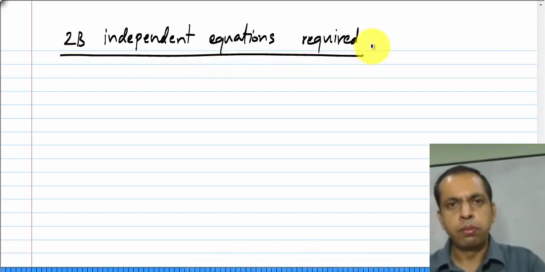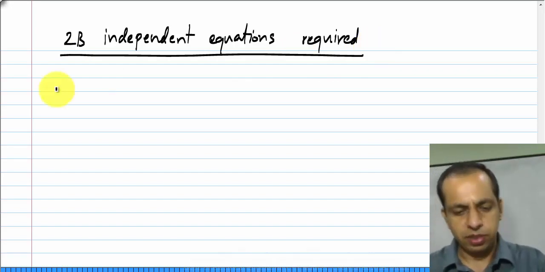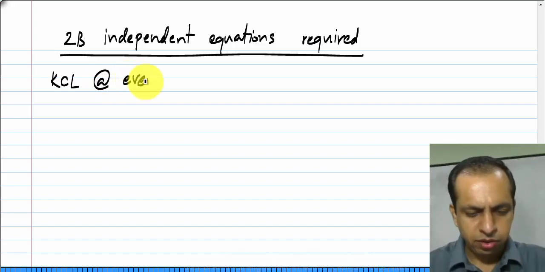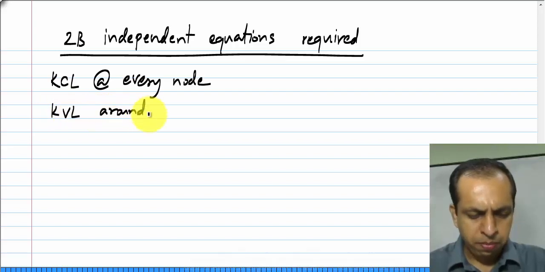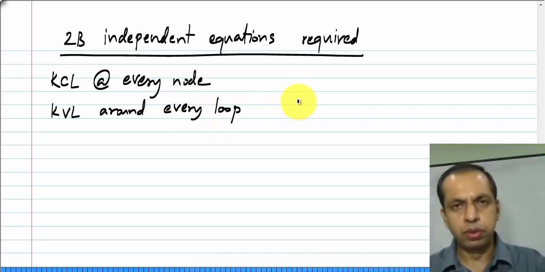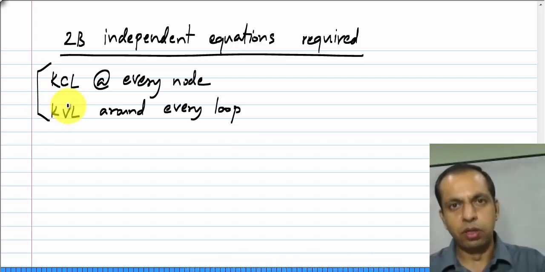How do we get these equations? What are the principles we use to solve our circuit? We have Kirchhoff's current law at every node and Kirchhoff's voltage law around every loop, and these are of course general properties of all circuits.